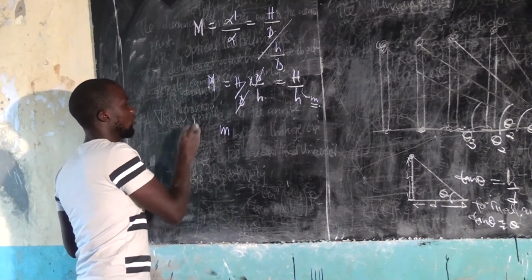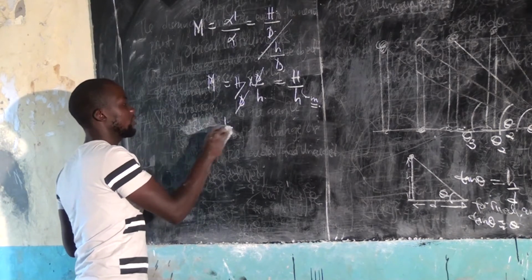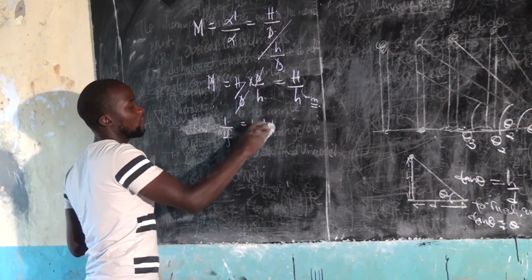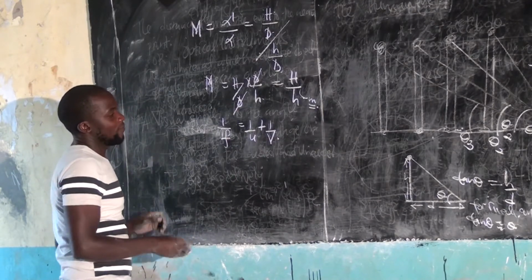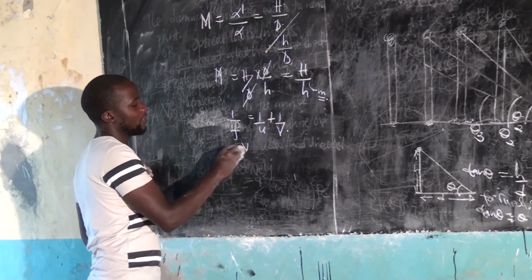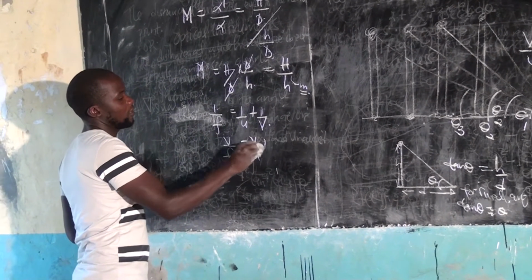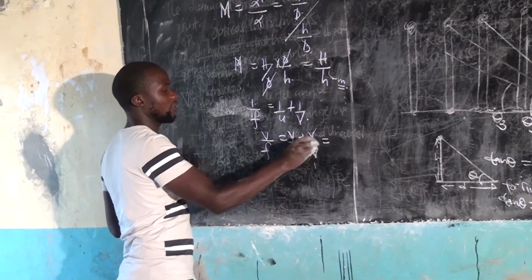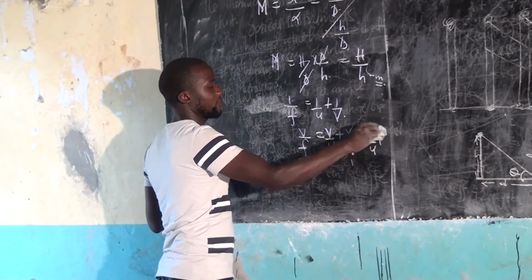I want you to recall linear magnification, maybe let me try to derive it, that I have 1 over f being equal to 1 over u plus 1 over v, like that. But when I multiply through by v, I'll have v over f equal to v over u plus 1.